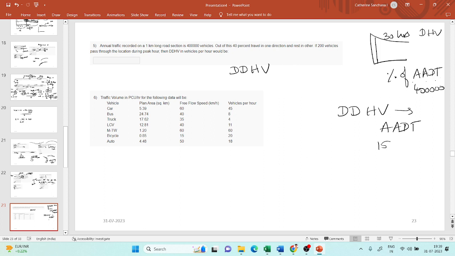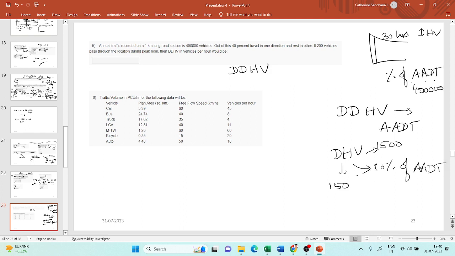Say you have 1,500 vehicles. You usually express DHV as design hourly volume as some percentage of AADT. Say if DHV is 150, I will say that my DHV is 10 percentage of AADT. So this is how DHV is usually represented.